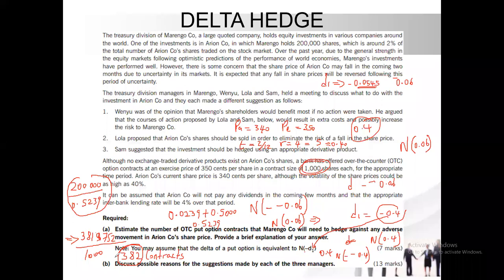You need to write options so that you can get rid of these shares. Since it's an option, if it's in your favor, you exercise it. If it's not in your favor, you don't exercise it. In this case, this is a put option, so you have a right to sell those shares.